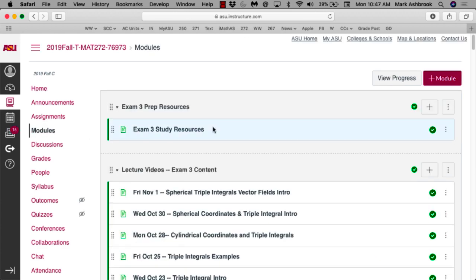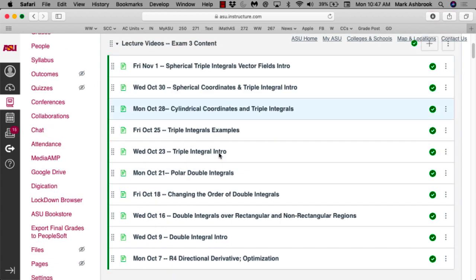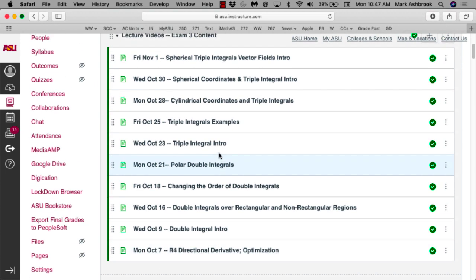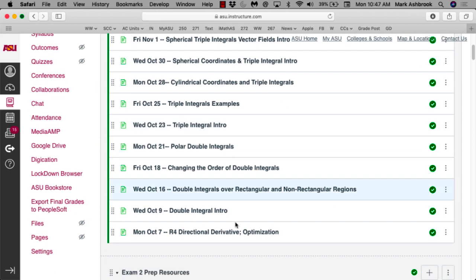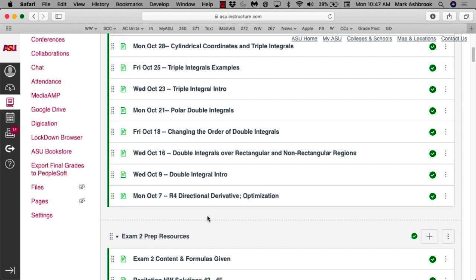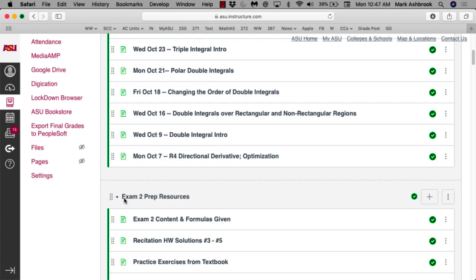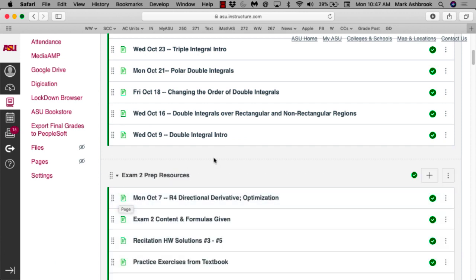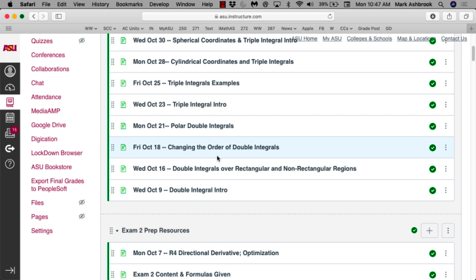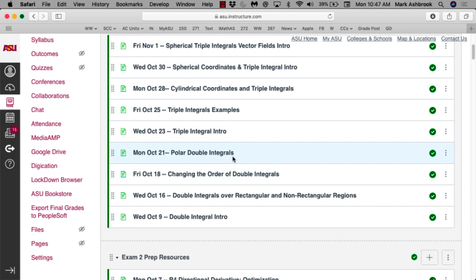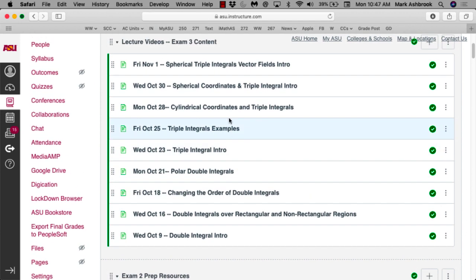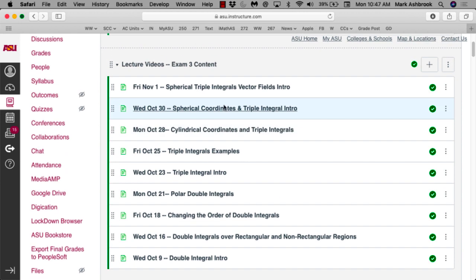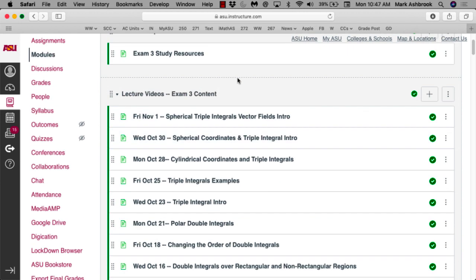It's the very first thing. And then the videos are organized by exam content. And actually, it starts with double integrals. So optimization is not on there. So double integrals, changing the order, polar double integrals, everything to do with triple integrals, cylindrical coordinates, spherical coordinates, and then what we do this week, which is we're starting vector fields.